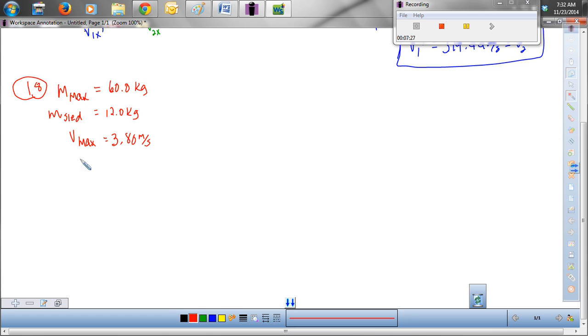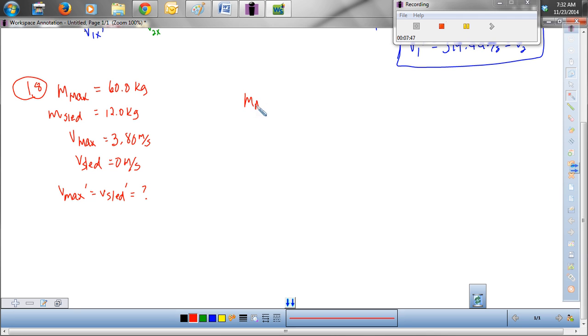And he has no velocity for the sled initially. And then after he jumps on, the speed of Max prime is equal to the speed of the sled prime, because they're moving off together, is equal to something we don't know.